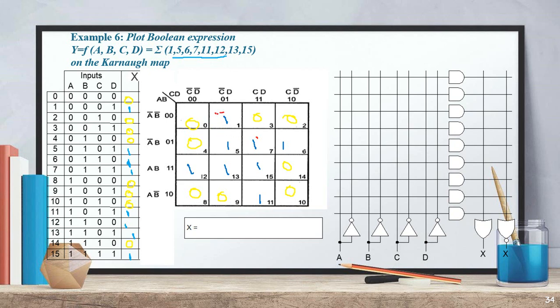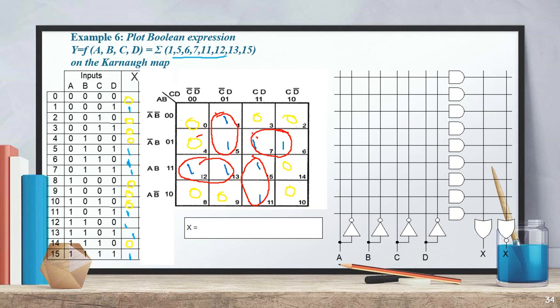I can do these ones together, and then I can do these ones, and one more, these ones, and these ones. Now if I try to do these 4, what happens? These 4 are already in one group.